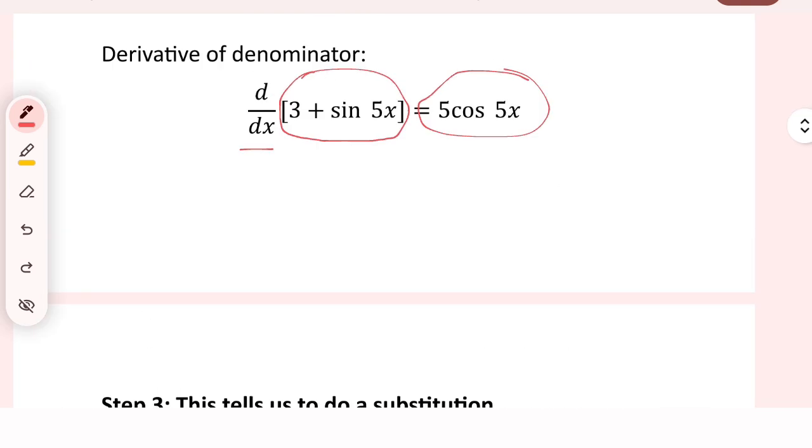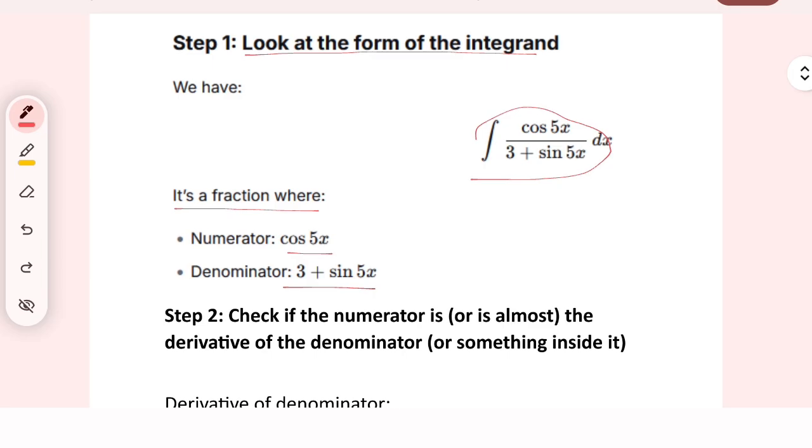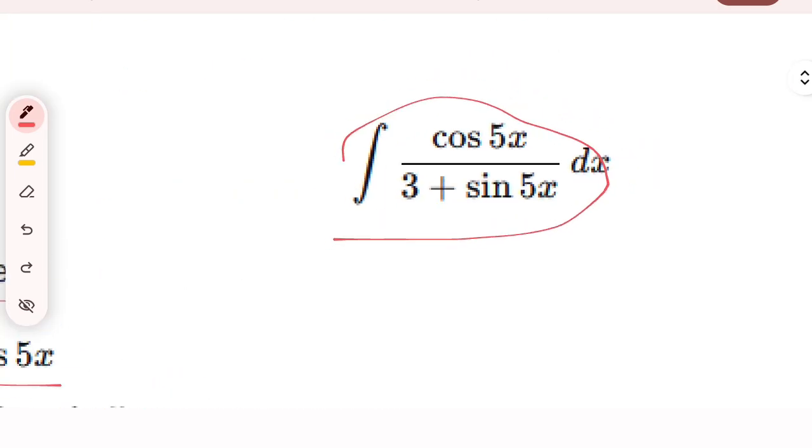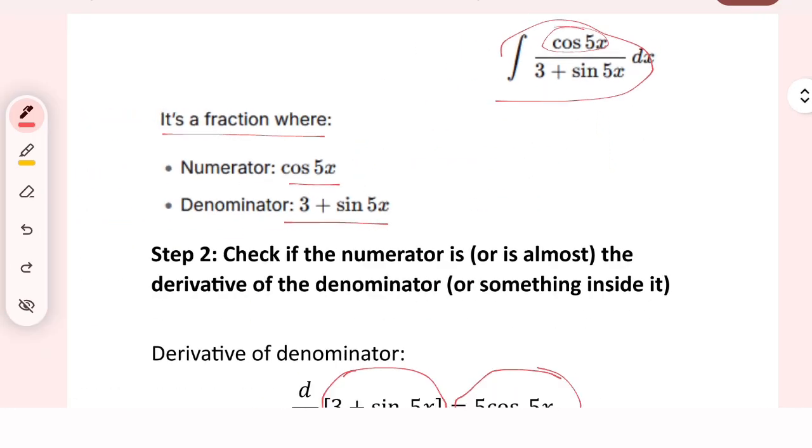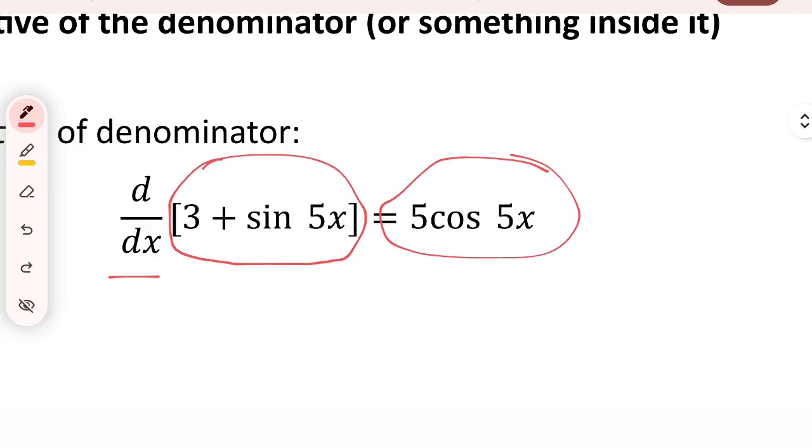If you look at our given, the numerator has cosine 5x. And when we take the derivative of the denominator, it gives us 5 cosine 5x. There's just something missing, the 5. But we do have cosine 5x.